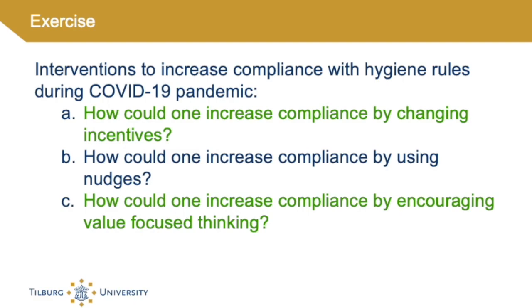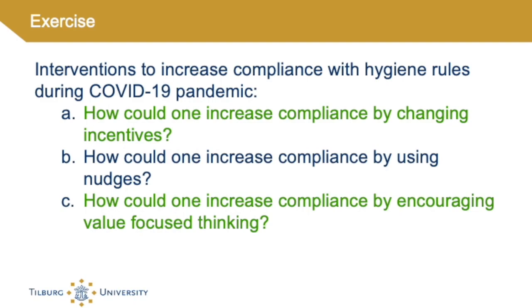And I want to make this a timely exercise by asking you to think about interventions to increase compliance with hygiene rules during the COVID-19 pandemic. So in today's 1.5 meter society, how do we get people to comply with rules that help keeping other people safe and healthy, and that help with spreading the COVID-19 virus?